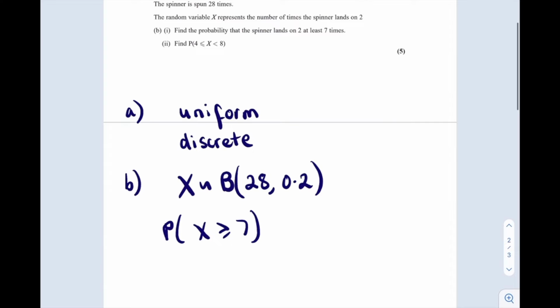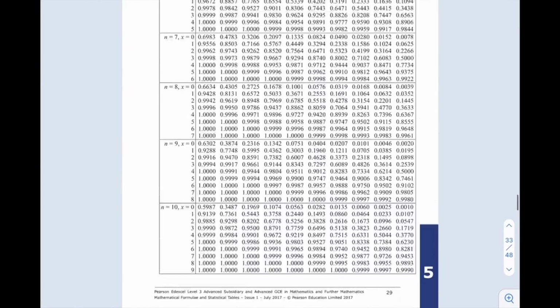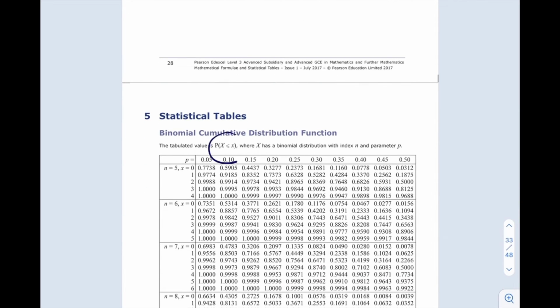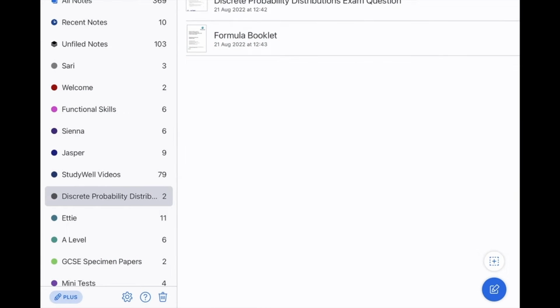So I need to go over to my calculator. Now the calculator will show you probabilities much like the formula booklet. So if you see here again, I'm looking for numbers in this table when the probabilities are less than or equal to a certain x value. And that's what the calculator does too.